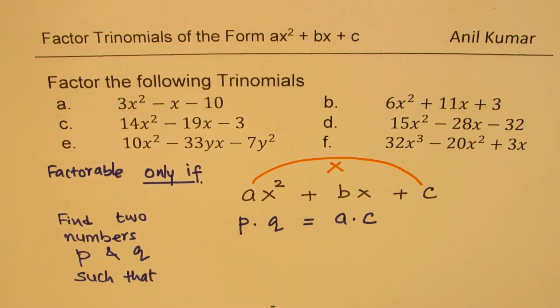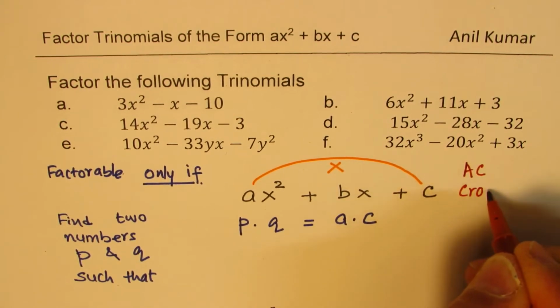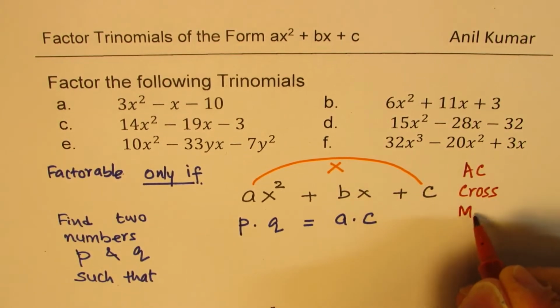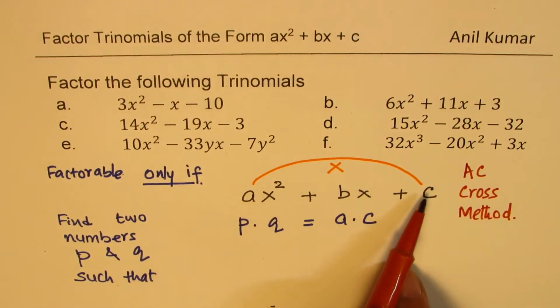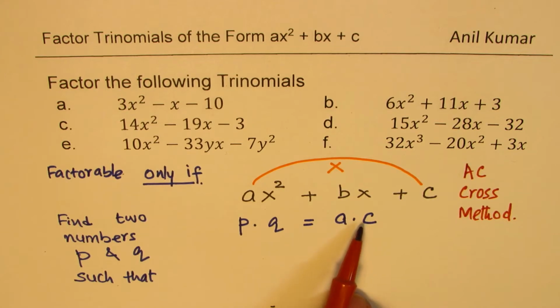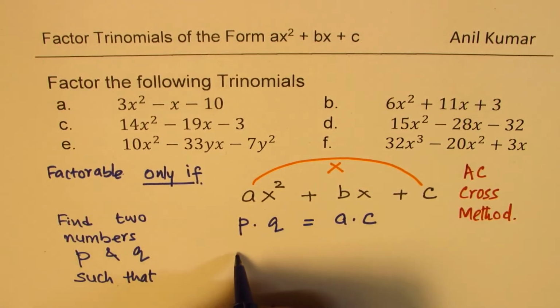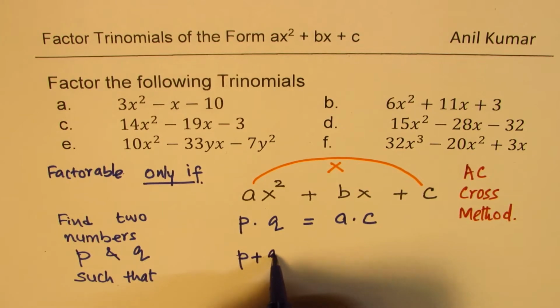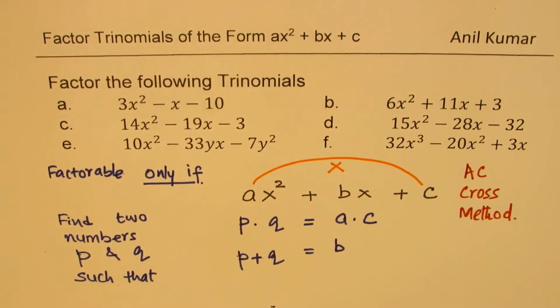So ac. We also call this sometimes as a cross product, ac cross method. So a and c, we multiply them, we get a number, and that number should be equal to product of some other two numbers. Now these two numbers are such that their sum is equal to b, the coefficient of x.